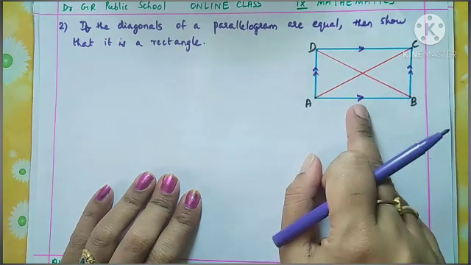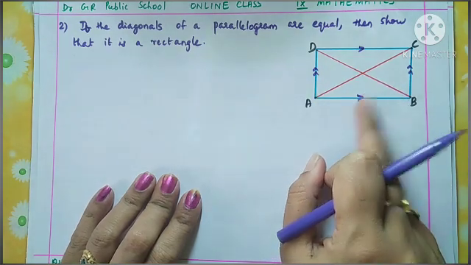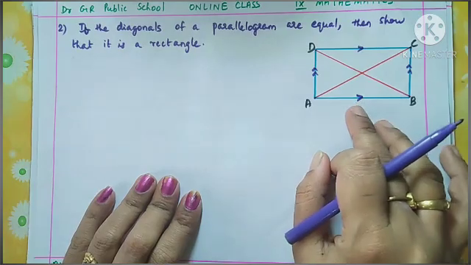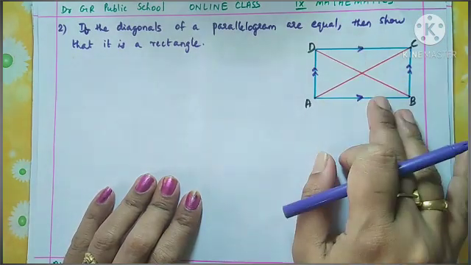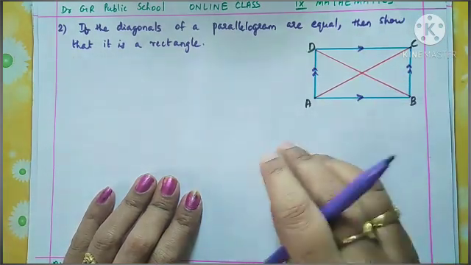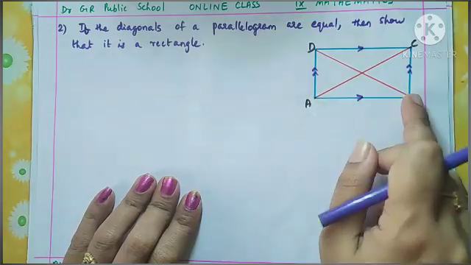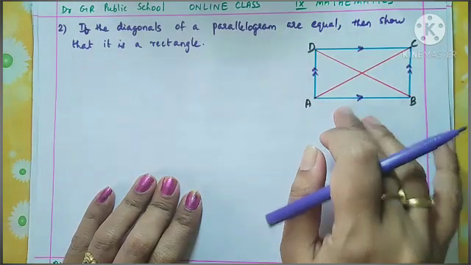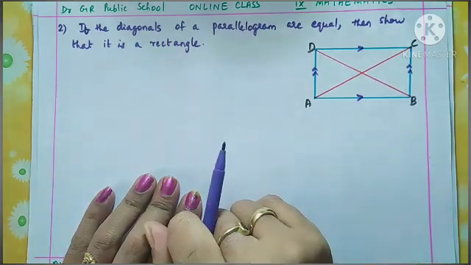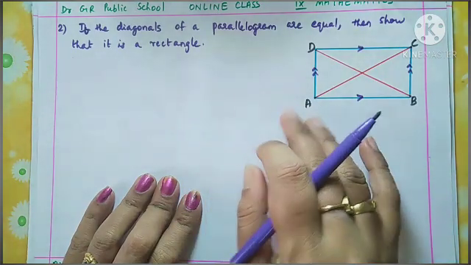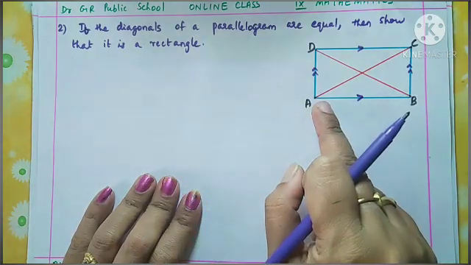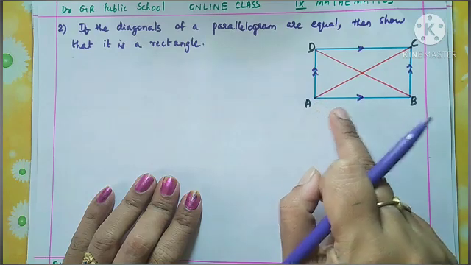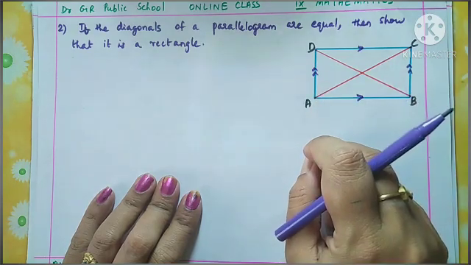So here in this figure, since it is a parallelogram, opposite sides are equal. So what is our aim? Our aim is to prove each angle is 90 degrees. Then we can say this is a rectangle. Okay. So that is our aim, to make each angle of this figure 90 degrees.